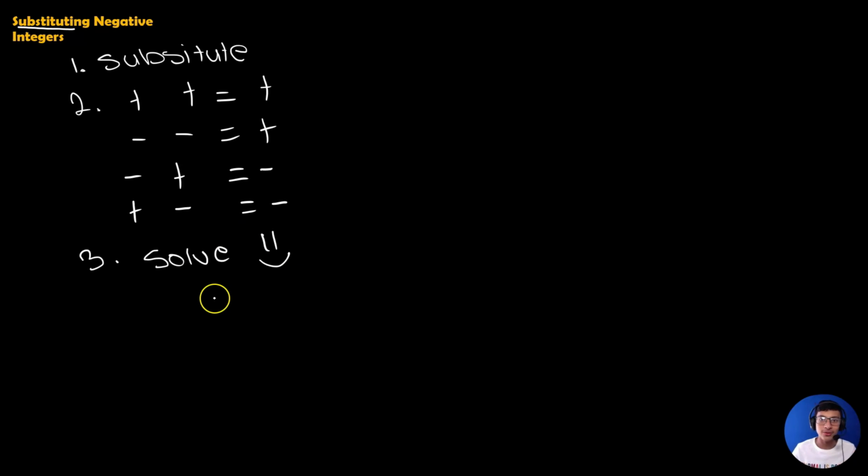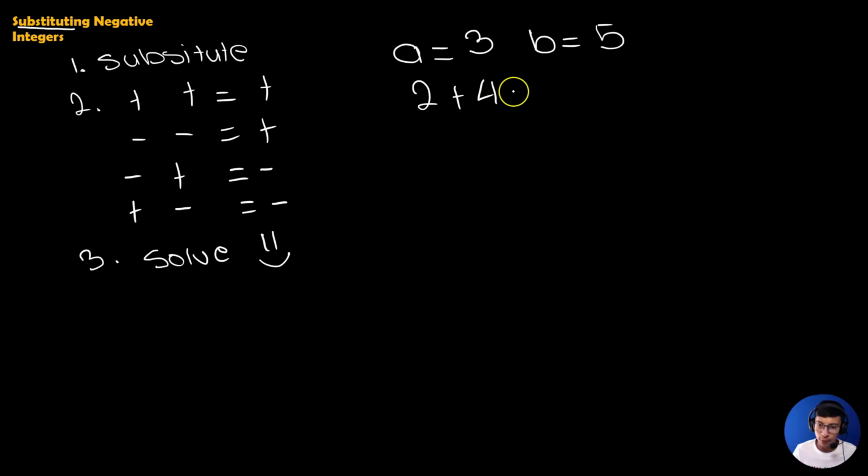So if we have a equals 3 and b equals negative 5, and our equation is 2 plus 4a, the first step here is to substitute. A little tip to remember, friends, is that when we have a variable, a letter next to a number without any signs, they're trying to say it's multiplication.